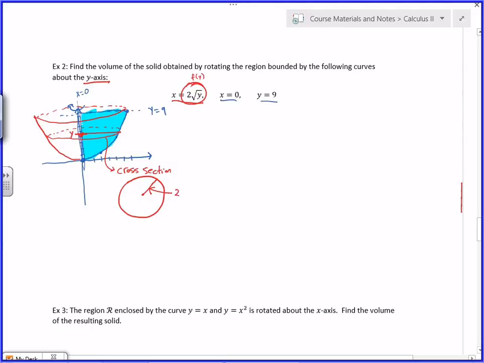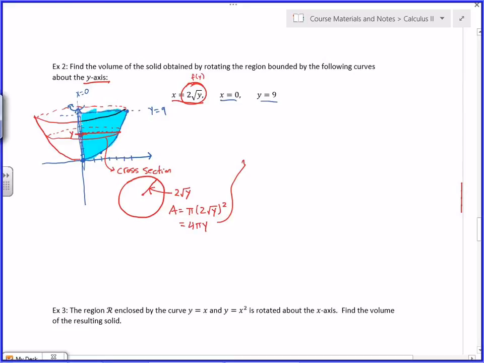It's 2 square roots of y, because at a given y, the distance to that curve is 2 square roots of y. So I'm going to say then that the area is pi times 2 square roots of y squared. Or, simplify that: 4 pi y, right?